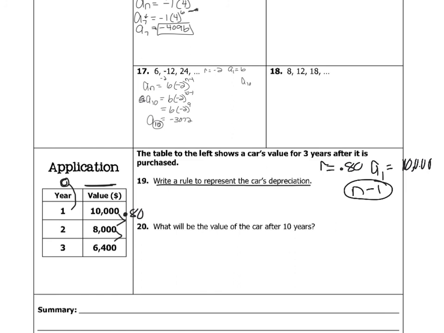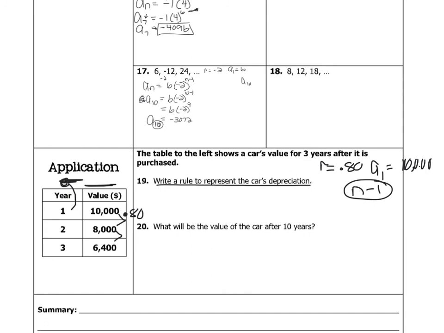So if I was to say year 1, it would back it up 1 and do 80% divided into the 10,000. So that n minus 1 takes care of that question, because I know there's a few of you that would ask.